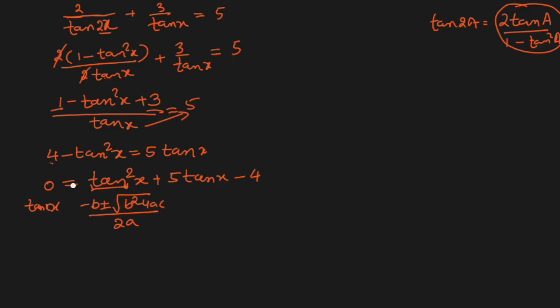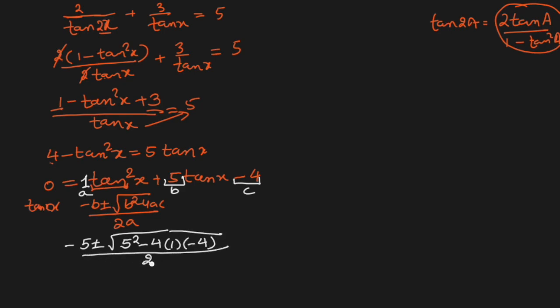Let's identify a, b, c first. So there is 1 in front of this, which becomes a, plus 5 becomes b, and minus 4 becomes c. So minus b plus minus square root b square minus 4 times a c over 2 times 1.